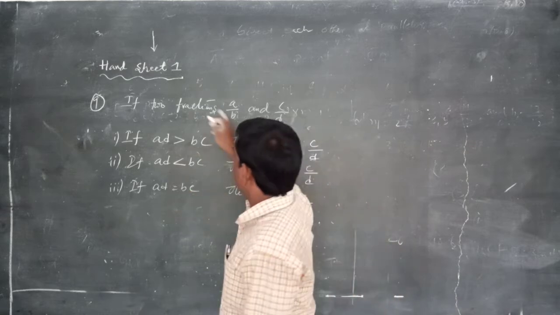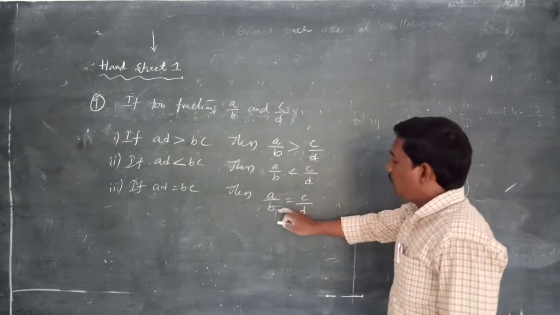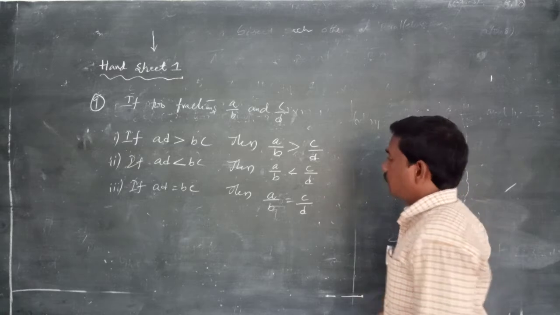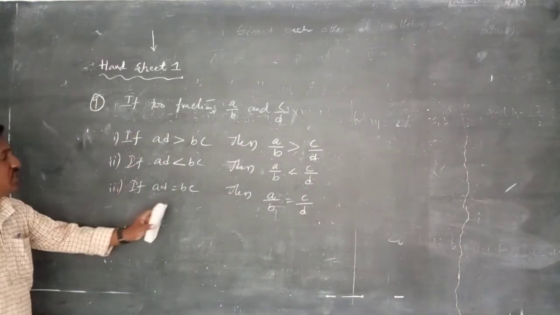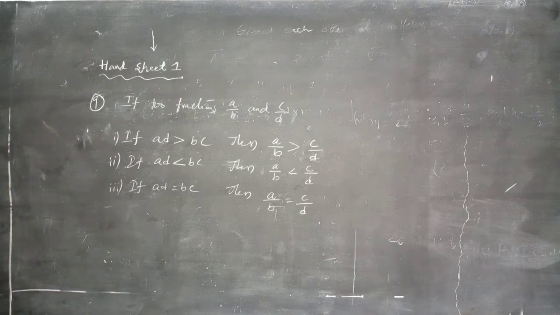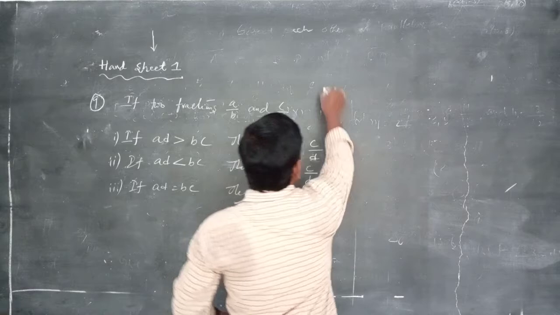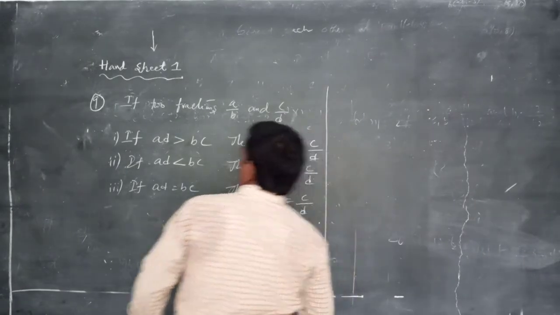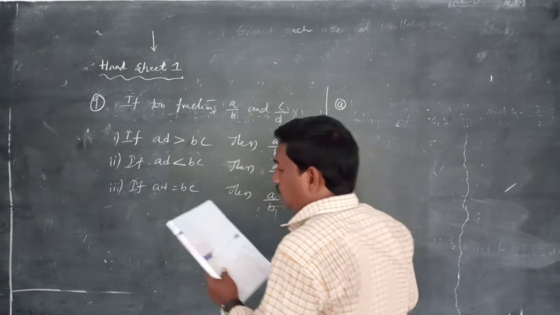If the product of AD equals the product of BC, a by b equals c by d. So by using these concepts, we have to complete these problems.